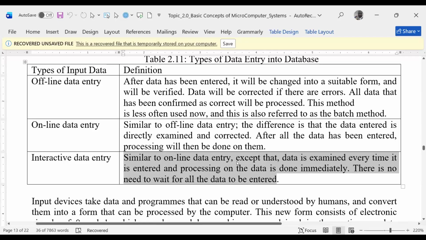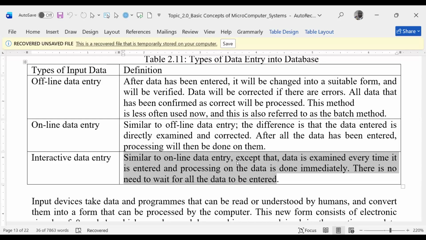There are some systems where the 2 parties must be there simultaneously, like what we are doing now, the online teaching on Zoom. Interactive, where I send a message, you can also respond. Interactive data entry means the system must be connected.